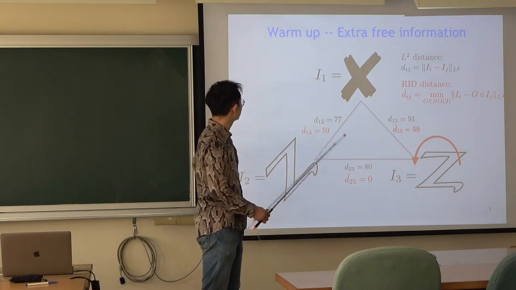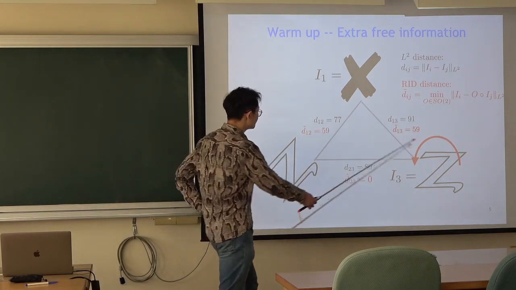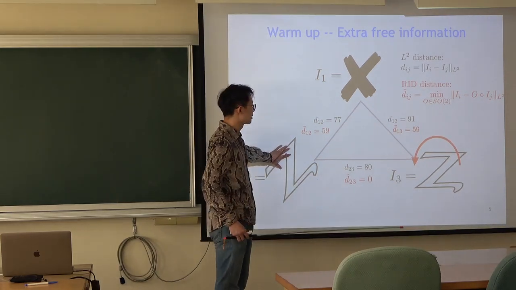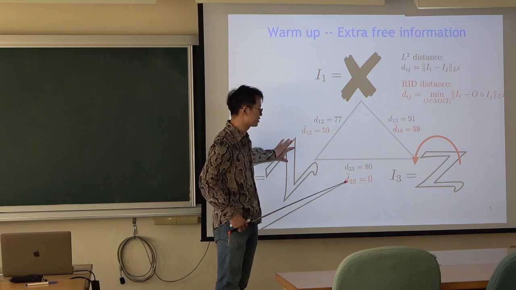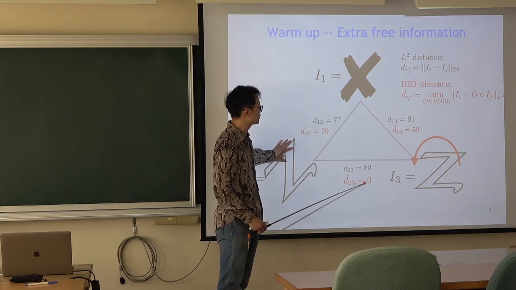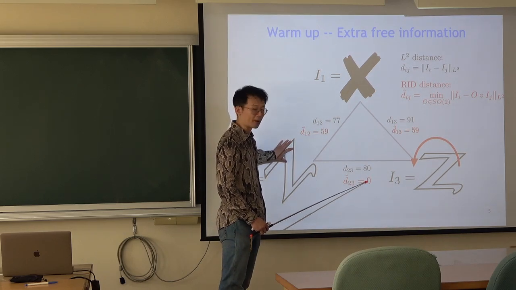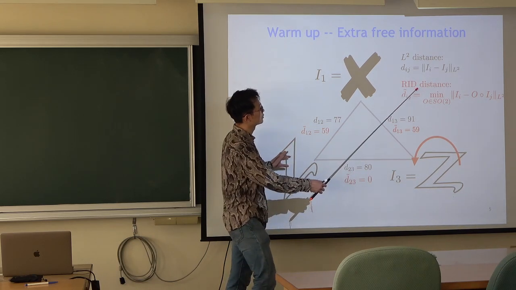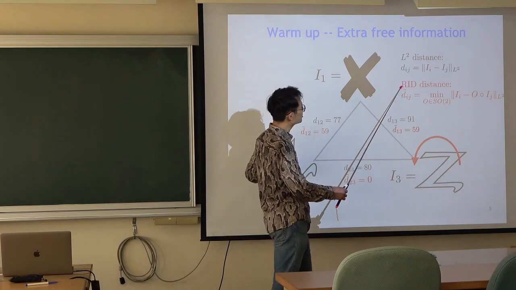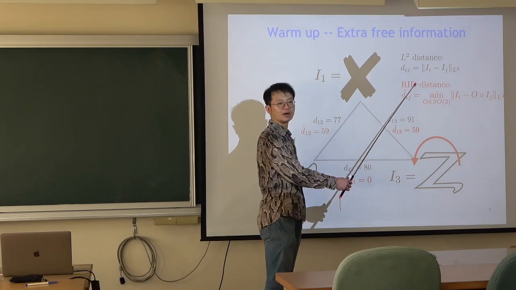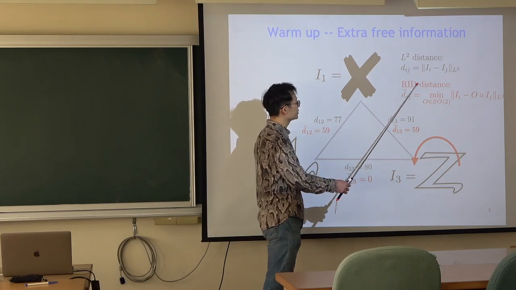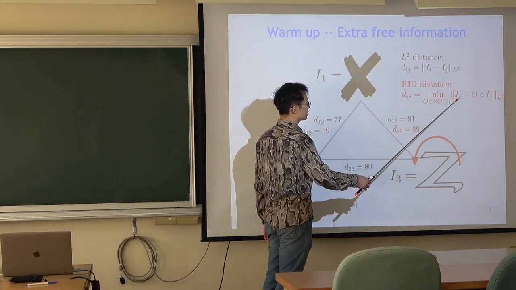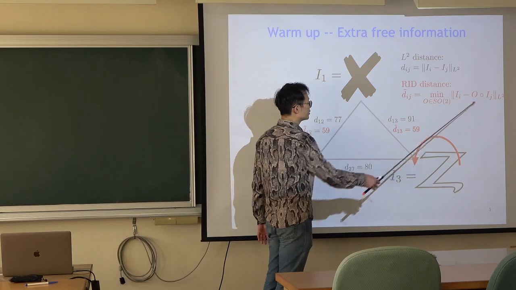Suppose you rotate Z a bit to match the other Z and compare their distance. The distance is actually 0. This is defined in the following way. It's called rotationally invariant distance, RID. You take one image, Ii, and you want to compare a distance with Ij.